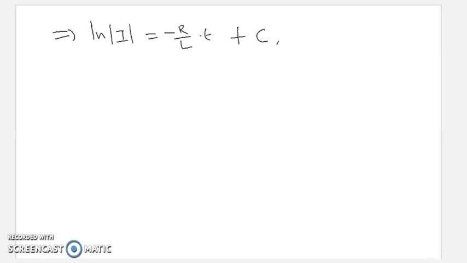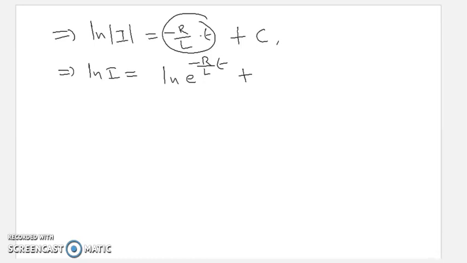Now this can be written as ln I is equal to, without loss of generality, ln e power minus R by L into t plus c. Since c is an arbitrary constant, we can change c to any other form. So here we write ln c in place of c also.